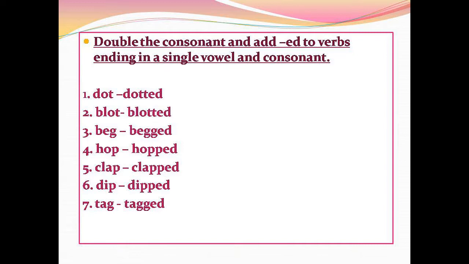Hop, hopped. Clap, clapped. Dip, dipped. Tag, tagged. In each verb there is a single vowel and then a consonant, and we have doubled that consonant and then added ed. So dot, dotted; blot, blotted; bag, bagged, like that.